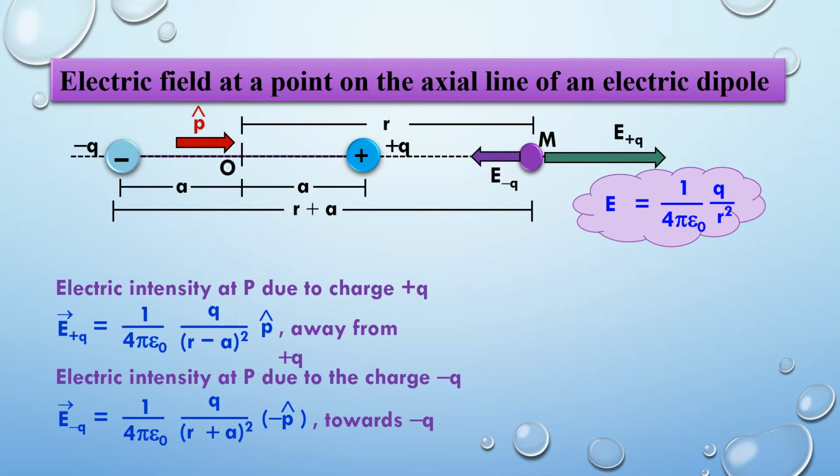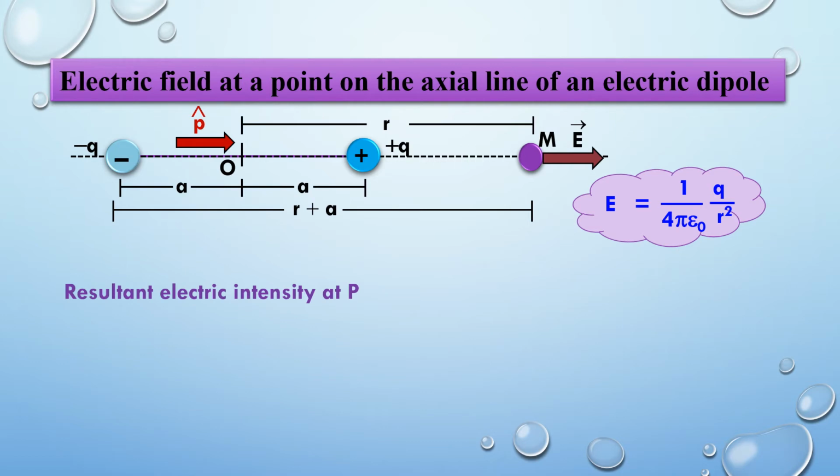And since both these electric fields are moving away from each other, we apply the principle of superposition to find the resultant electric field, where the resultant electric field at that point E is E positive plus E negative, the electric field due to the positive charge plus the electric field due to the negative charge.